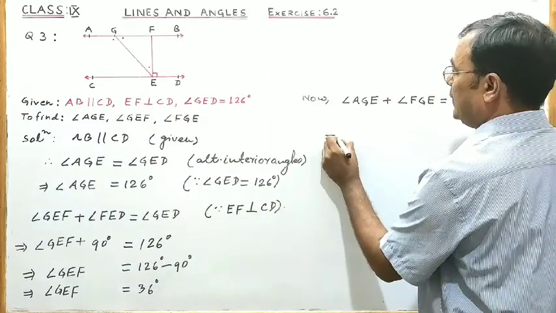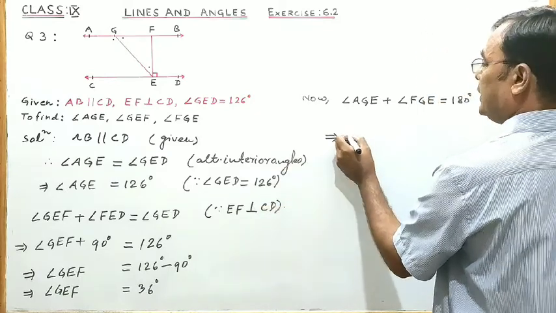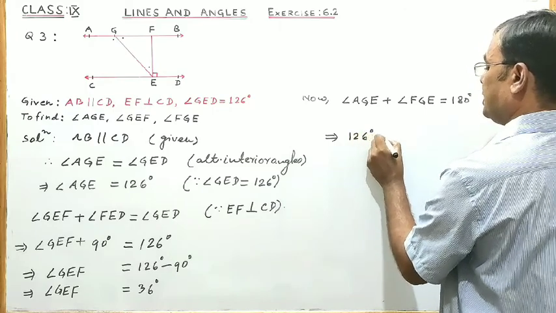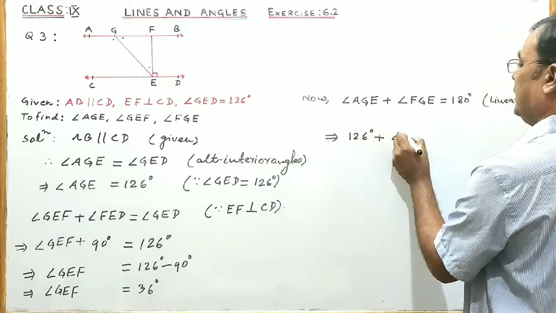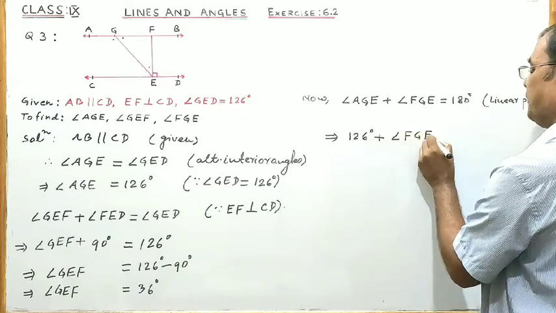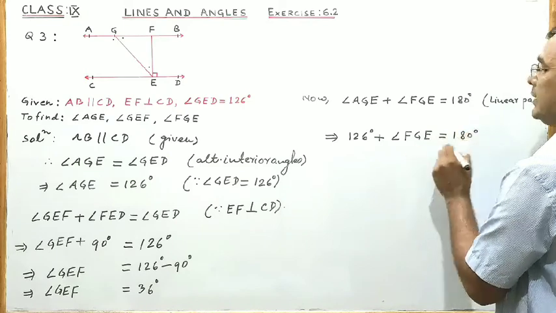AGE we have already determined equal to 126 degrees. So 126 degrees plus angle FGE is equal to 180 degrees.